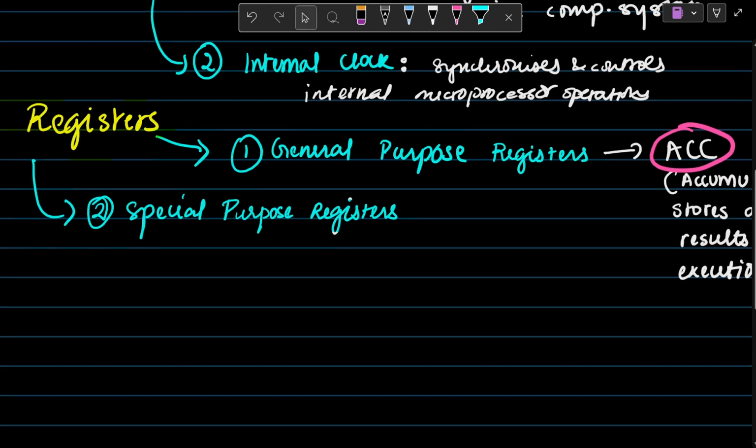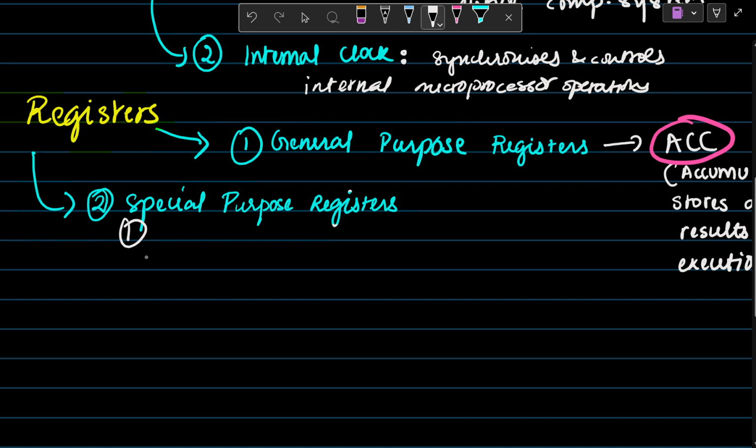Alright, let's begin. Number 1 is the index register. For those of you who have started practicing paper 2, an index is like a number, almost like a serial number. The index register is short for IX, and it stores the indices to access specific memory locations.